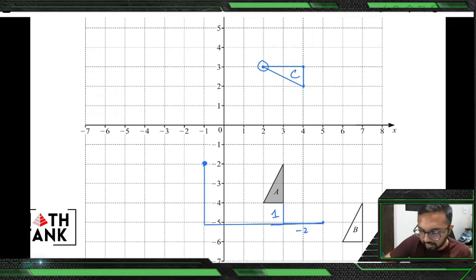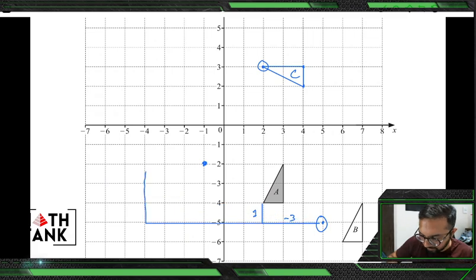So then another movement is -3 and 1. So that gets moved to -9 and 3. So 3, 3, 3, -9, and then 3 up. So that's another point.